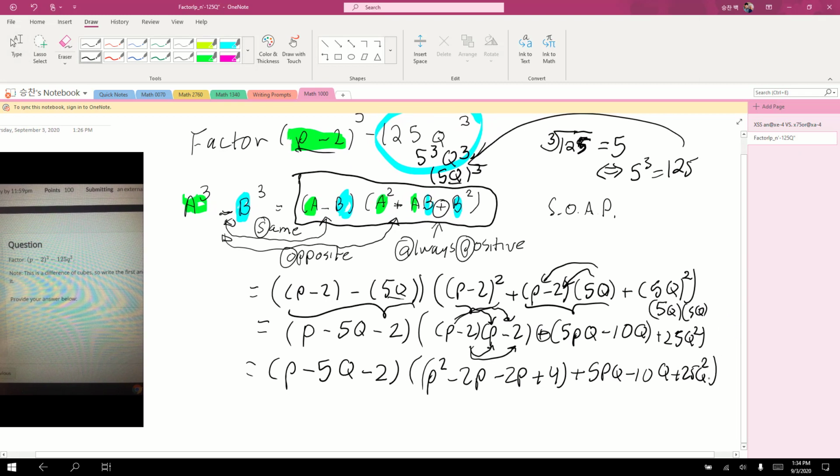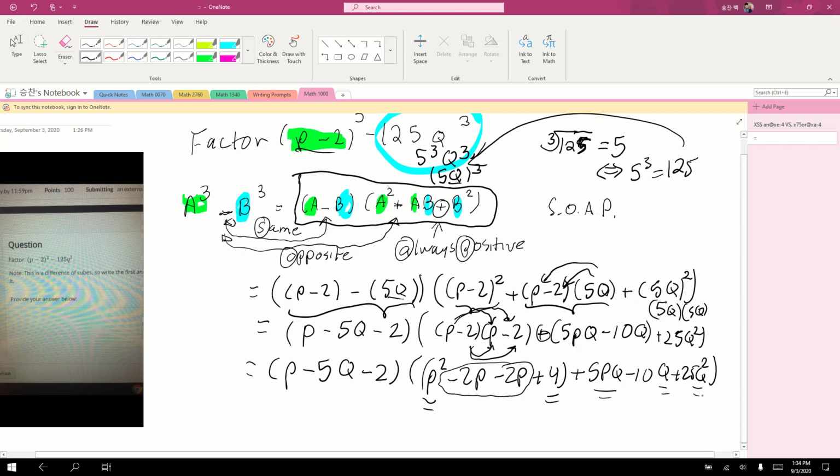So now I will see if there are any like terms here, and I see that I do have the 2p and 2p here. This term has a p squared, one a constant, a pq, a q, and a q squared.